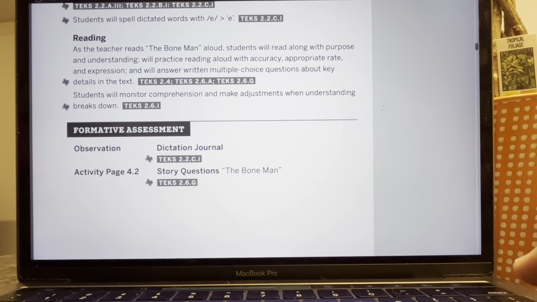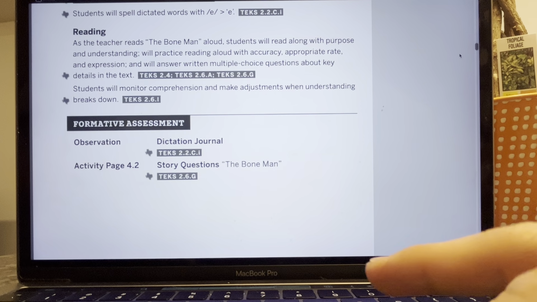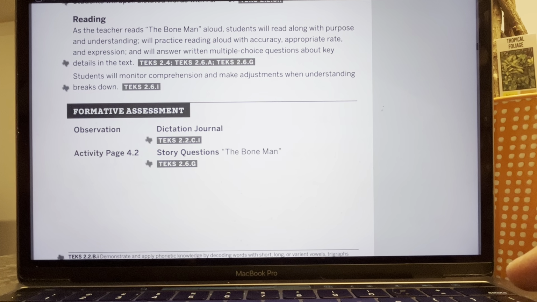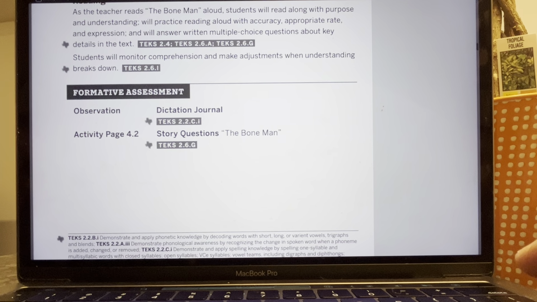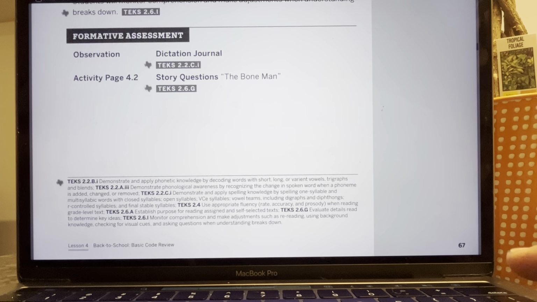And then for the readings, the teacher will read the book The Bone Man out loud, and then students will read along with purpose, understanding the practice, and as they read along, they develop accuracy. They read along with an appropriate rate, and they also put tone and expression to the reading. And then, of course, the teacher will ask questions and the students will answer. At the same time, the teacher is formatively assessing the students through observations whenever they do the dictation journal, and then the activity of the story questions over The Bone Man.